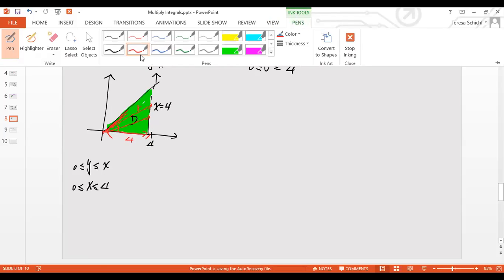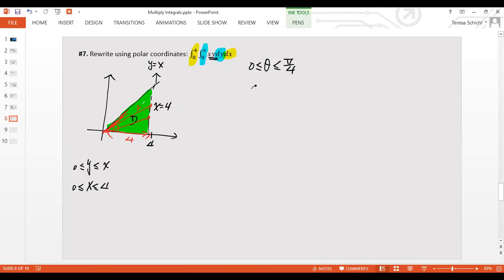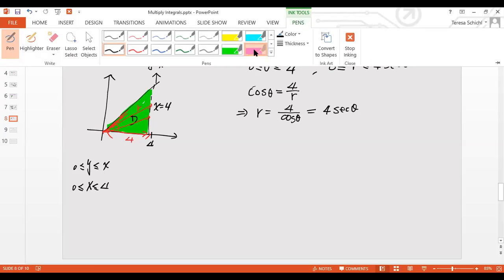If you take a look, cosine theta is adjacent over hypotenuse, so it's 4 over r. That means r is equal to 4 over cosine theta, or you can write it as 4 secant theta. So now my r is from 0 to 4 secant theta, so this is the variable.